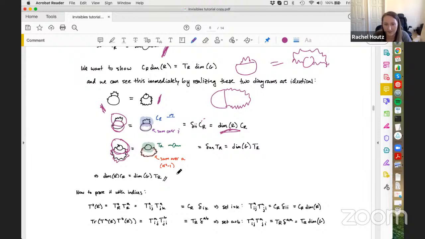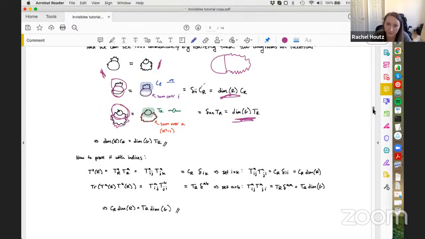Another way to say that is the dimension of the group is N squared minus 1. So this is the dimension of the group. And so in this way of looking at the diagram, you get this result in terms of the group theory structure, or the group theory multiplicity. And because those two diagrams are the same, you can show that the dimension of the representation times the quadratic Casimir is the dimension of the group times T_R.